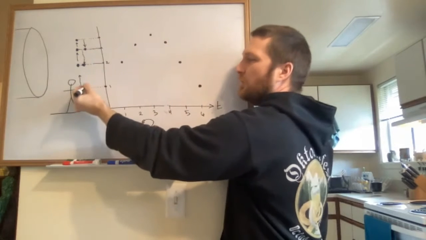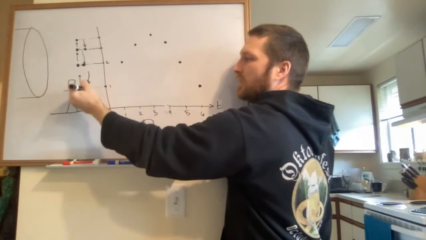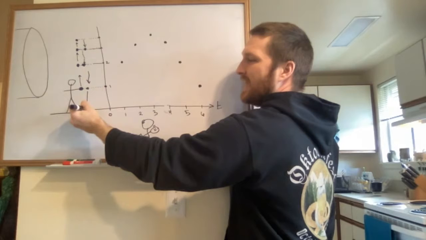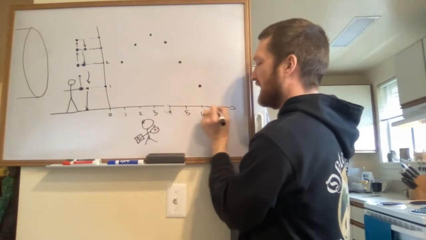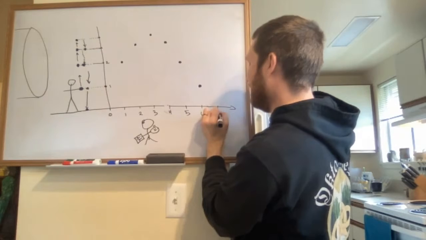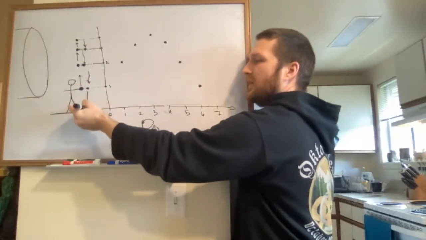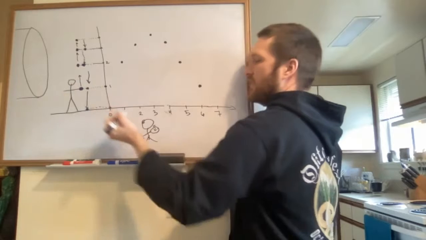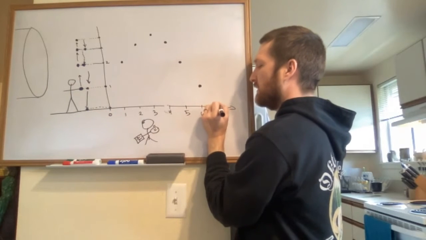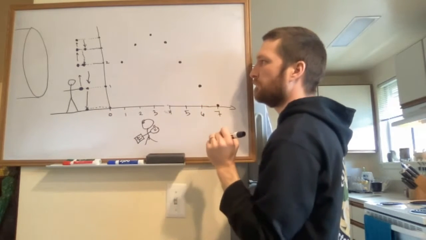Finally, he doesn't catch the ball. It keeps going down. And we'll say at 7 seconds, the ball hits the ground and the flashlight casts its shadow right there at 0. And so I say, there it is. Boom.